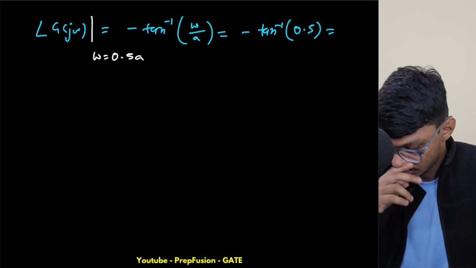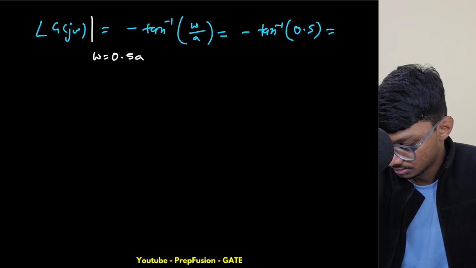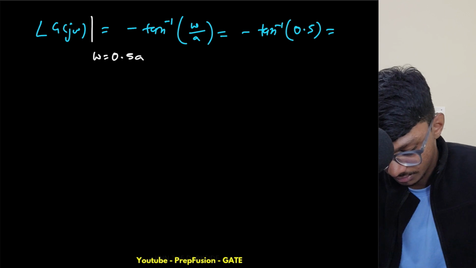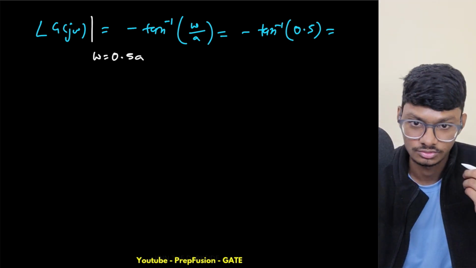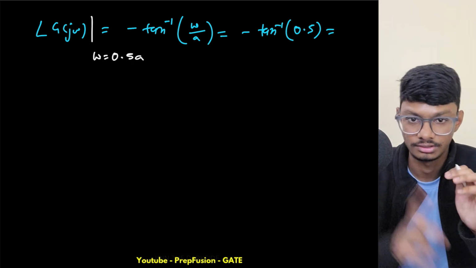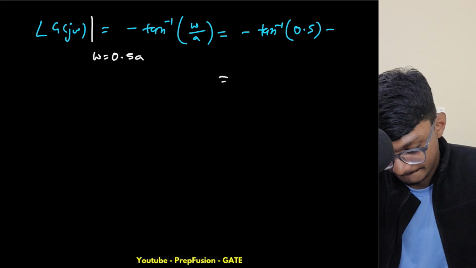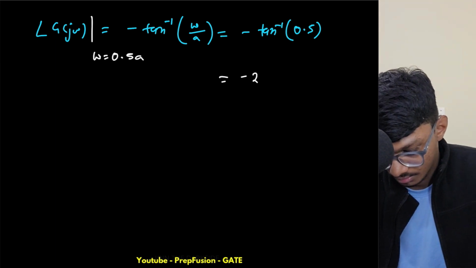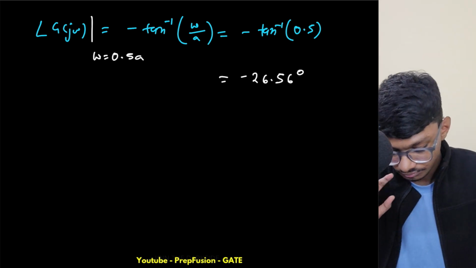This is in degrees. I told you guys to remember this formula: tan inverse 2 and tan inverse 1 by 2 are simply 90 minus each other. So this will be minus 26.56 degrees.